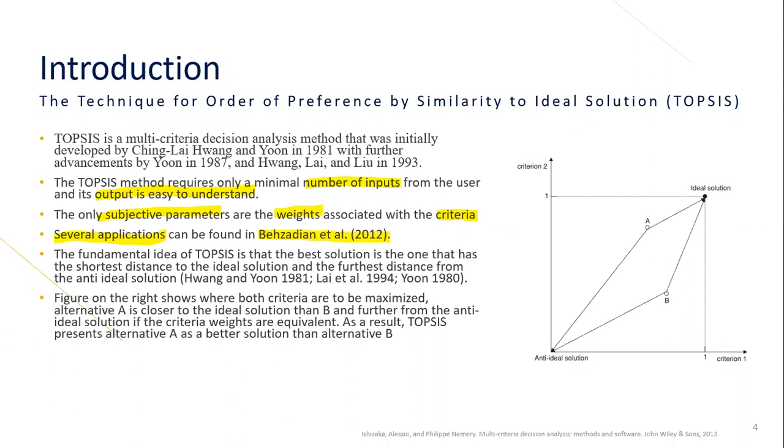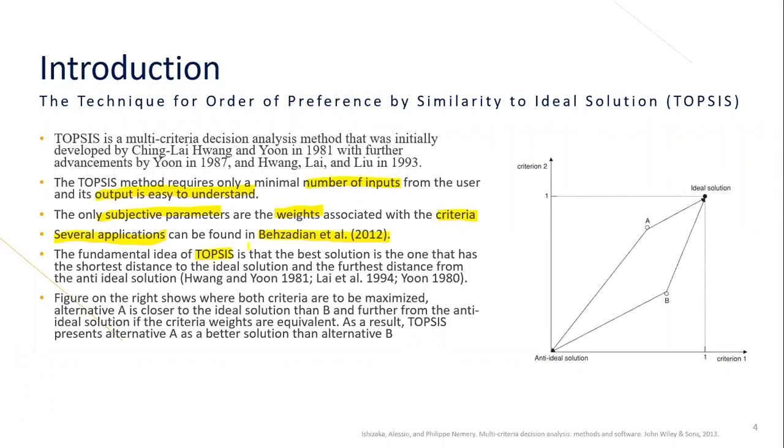So now we go to the ideas, or what is TOPSIS in a very simple explanation. Okay, TOPSIS is a method that you can use to determine which alternative or which option is best.